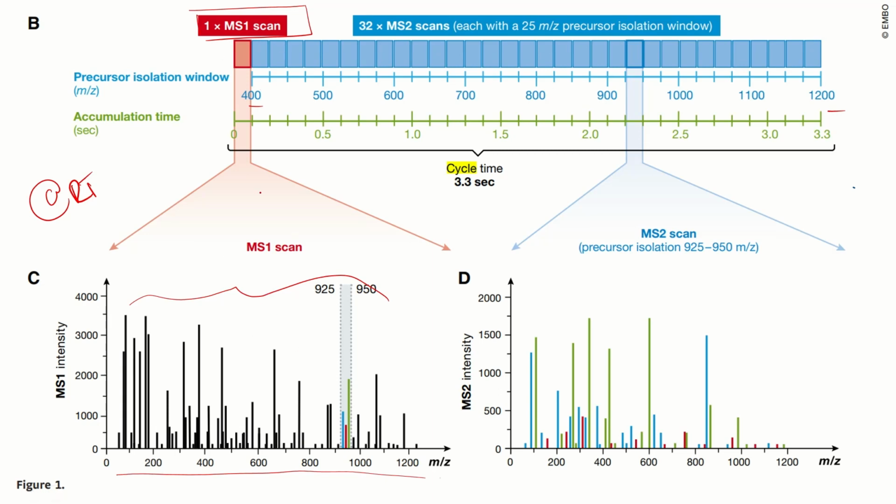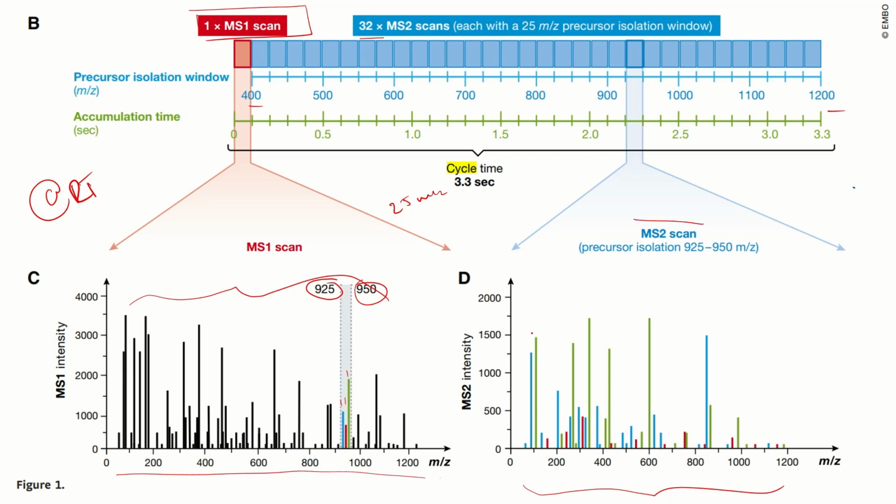So you get the precursor ion scan, and then they have selected 32 windows. This example shows the window of 925 to 950, so their window size is 25 m/z. In this window they have three precursor ions, 1, 2 and 3, depicted as blue, red and green, and they have taken those three precursor ions and fragmented them. This is the fragmentation information of those three precursor ions, and as you can see, this is a chimeric spectra.